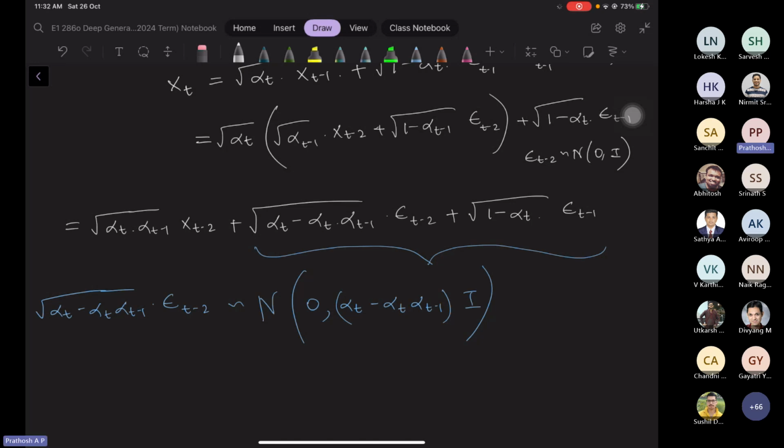Okay, so this is one random variable, and we have another random variable here, which is root of 1 minus alpha t times epsilon t minus 1. This is again Gaussian. It's 0 mean. Variance is 1 minus alpha t times I. Is this okay?